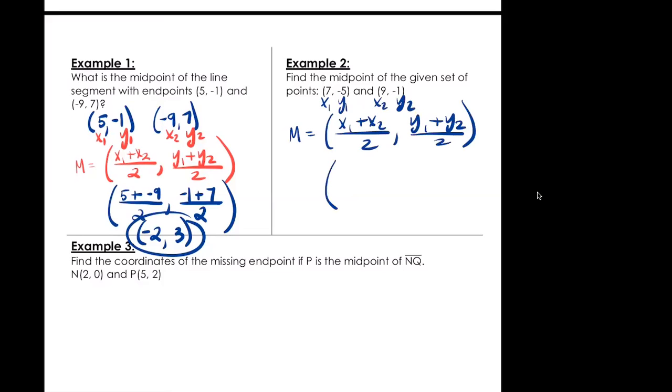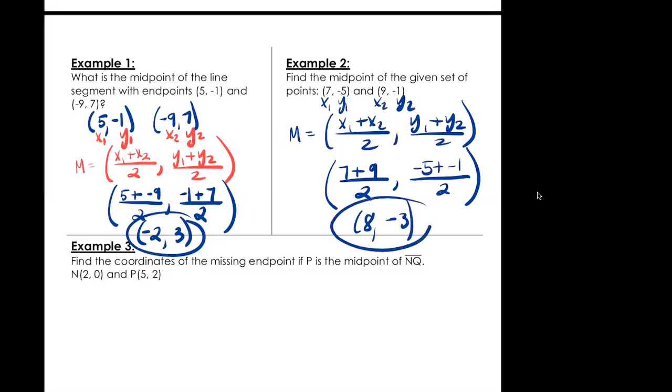Substitute, x1 is 7 plus x2 is 9, and divide that over 2. y1 is -5 plus y2 is -1. Divide that over 2. Now use the calculator or do mental math. 7 plus 9 is 16. Divided by 2 gives me 8. So my x coordinate is 8. And for the y coordinate, -5 plus -1 is -6. Divided by 2 is -3. So the midpoint here is going to be 8, -3.